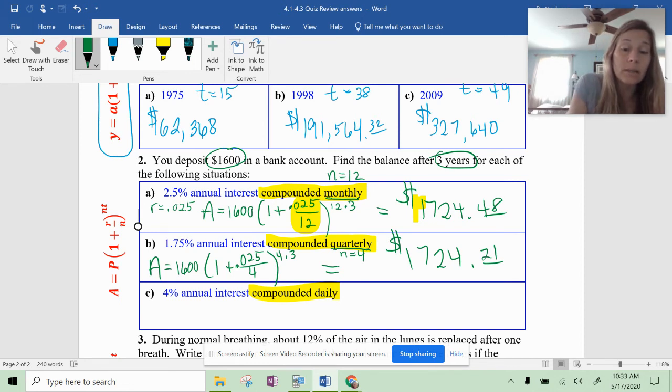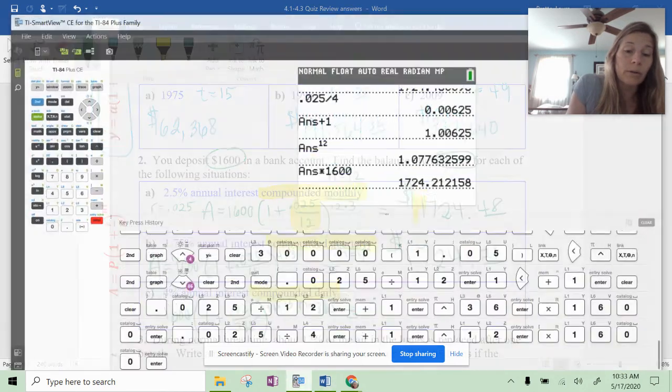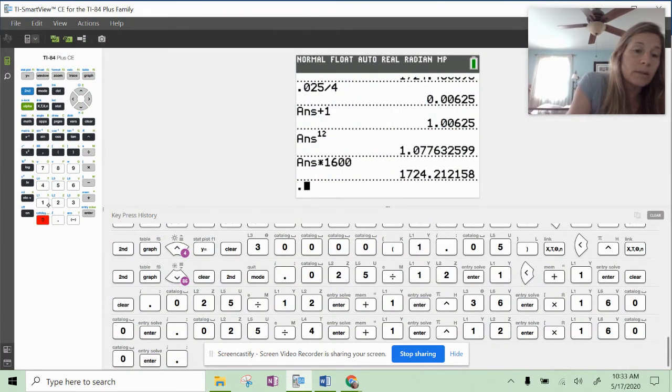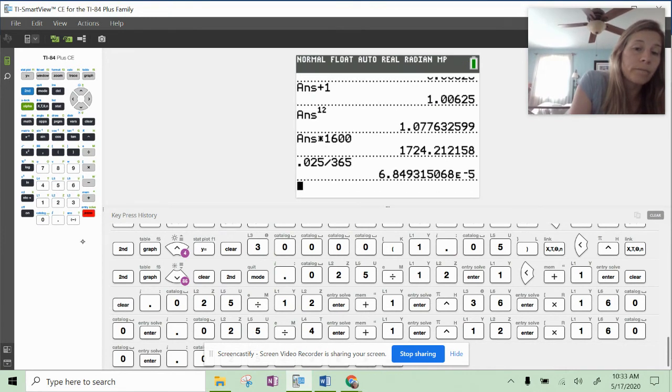And now daily, this would be an n value of 365. So we're doing the same thing. Same formula, but we're just going to put in 0.025 divided by 365, and then 365 times 3 is our exponent. So when I go to my calculator, I'm going to do 0.025 divided by 365, add 1.